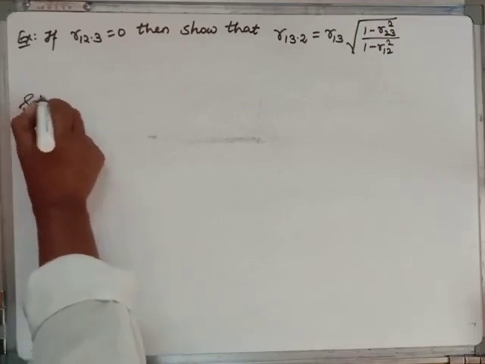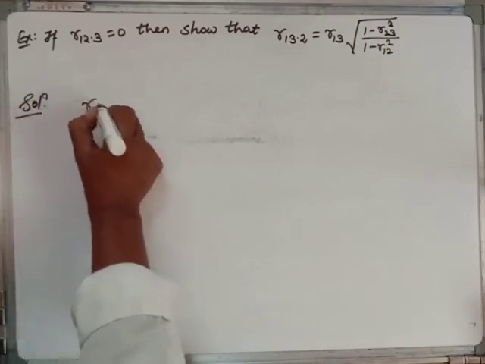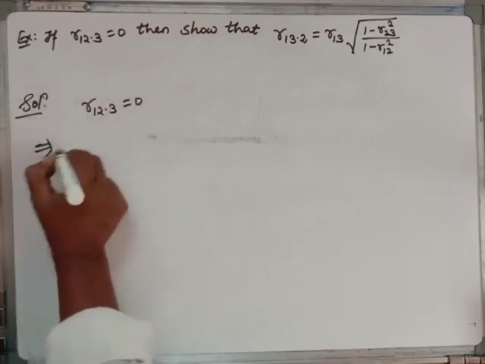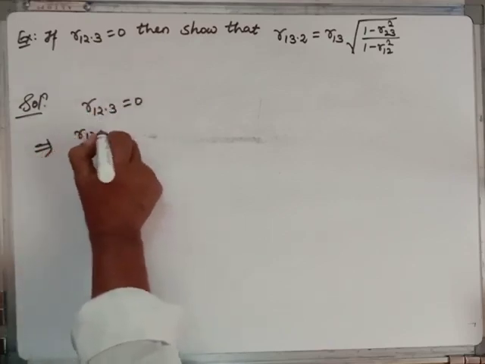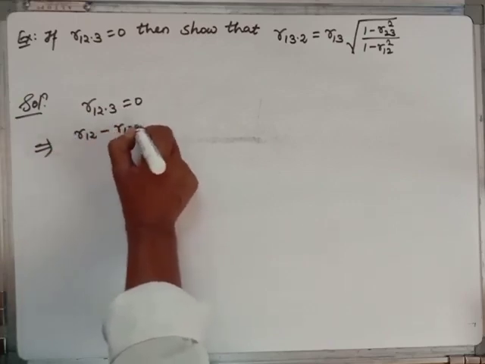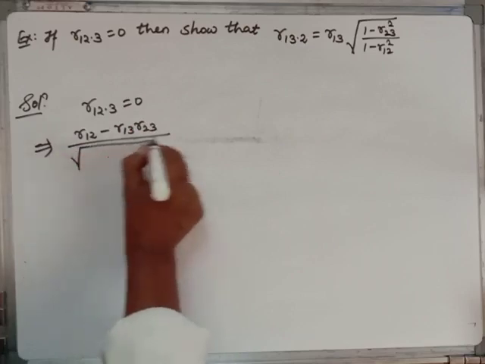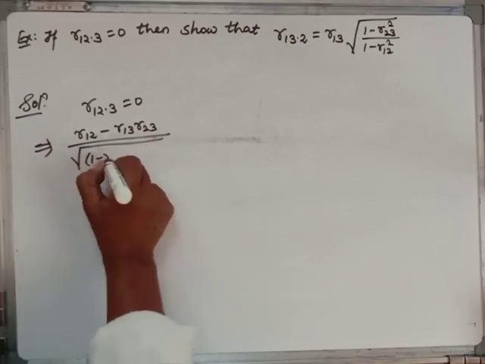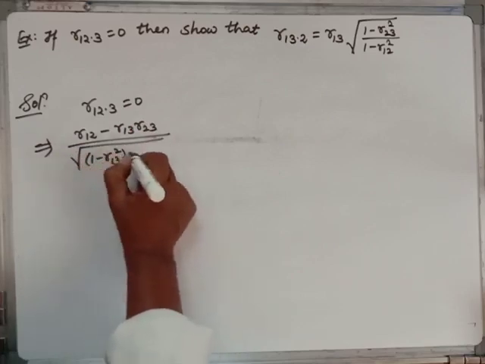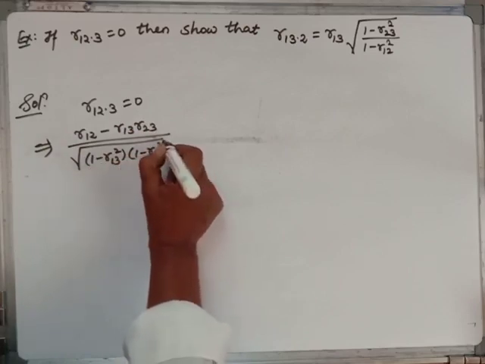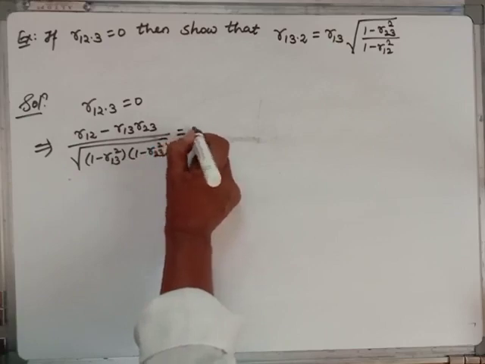Solution. R12.3 is 0. So it gives R12 minus R13 R23 upon root 1 minus R13 square into 1 minus R23 square, and that is equal to 0.